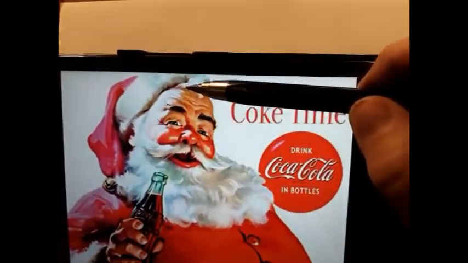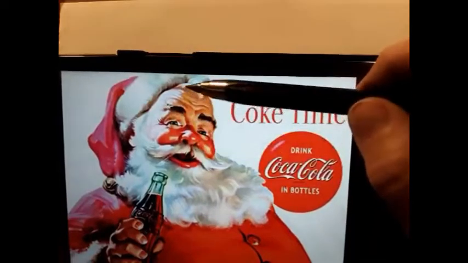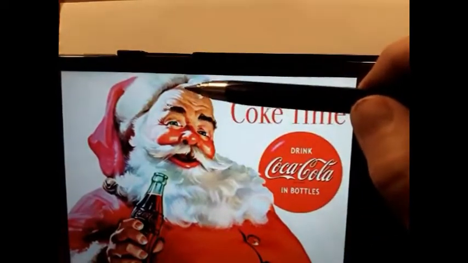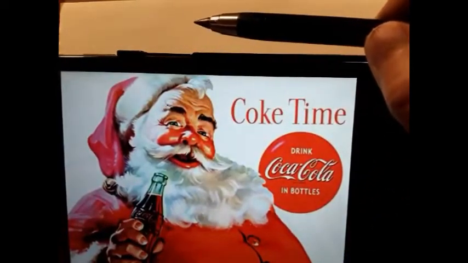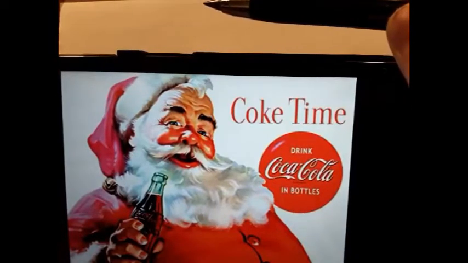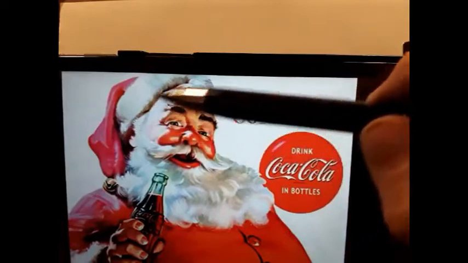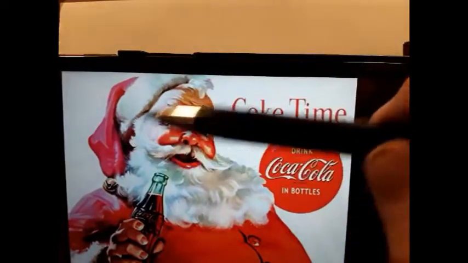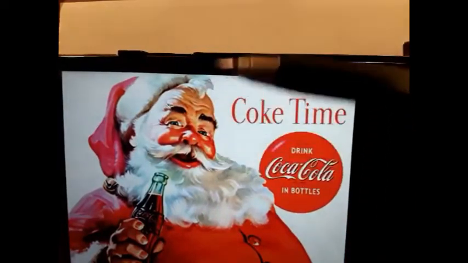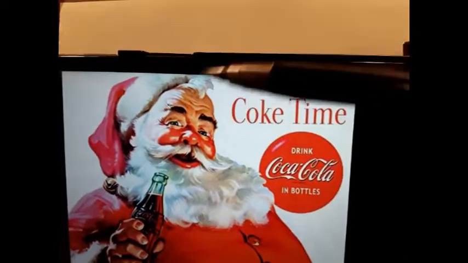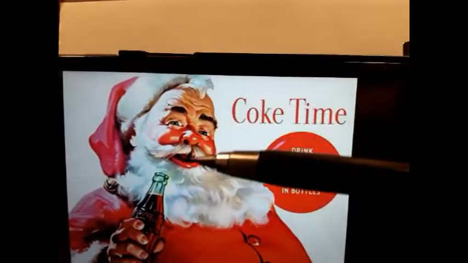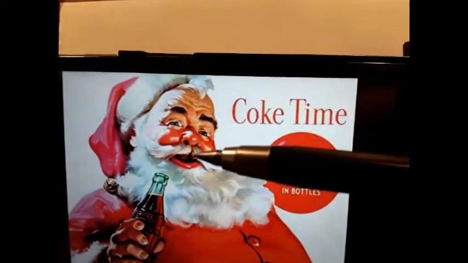I'd say if you doubled the height of his head, where those two points meet is about right up there, about double the height of his head. So I'm going to try to use that as a calculation.